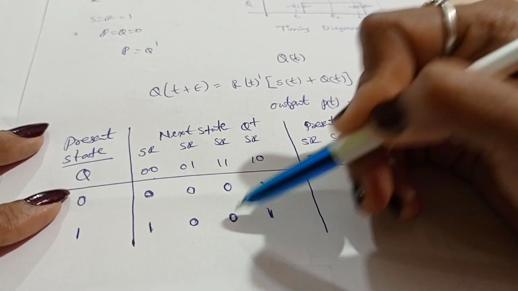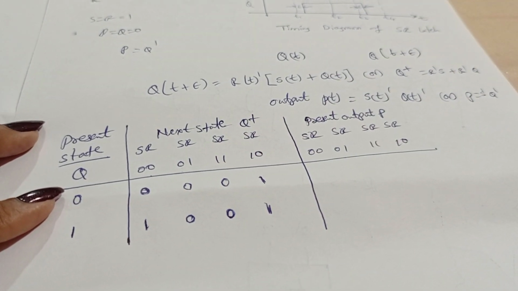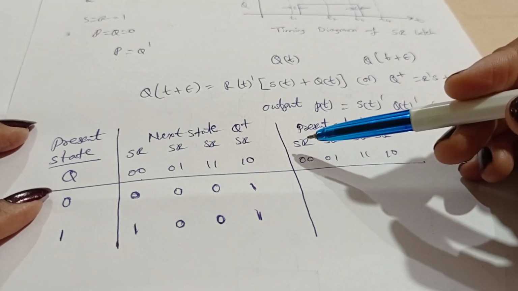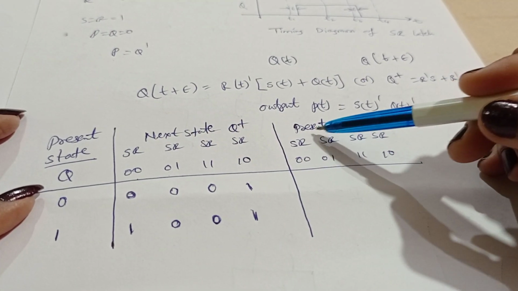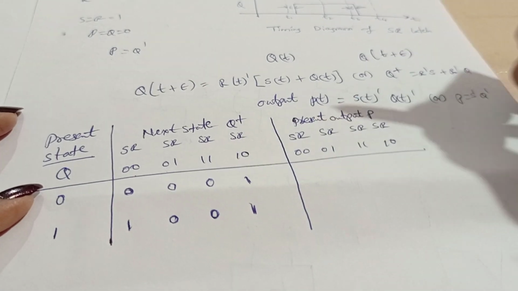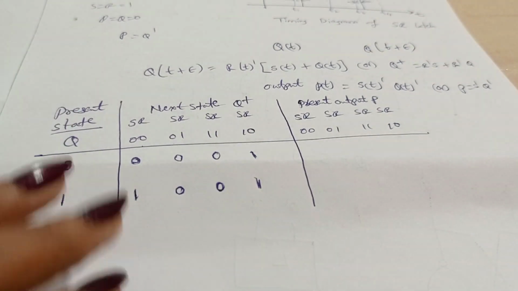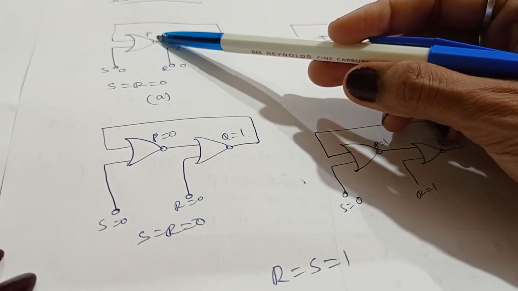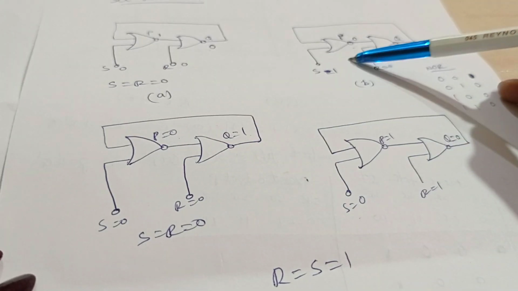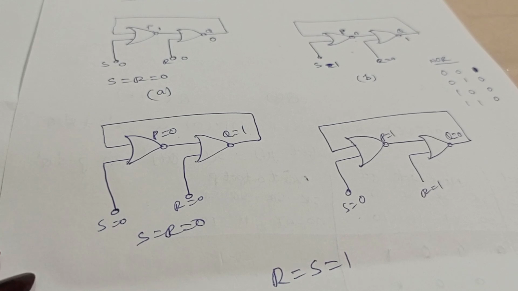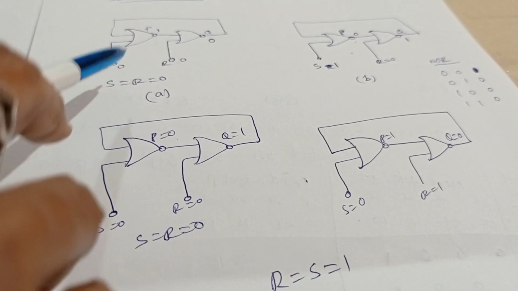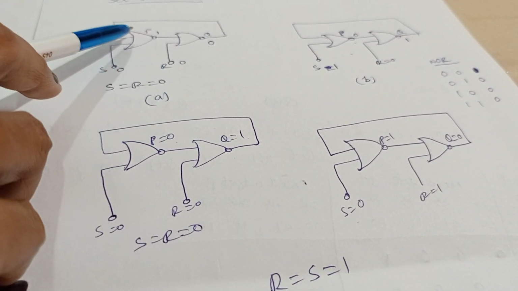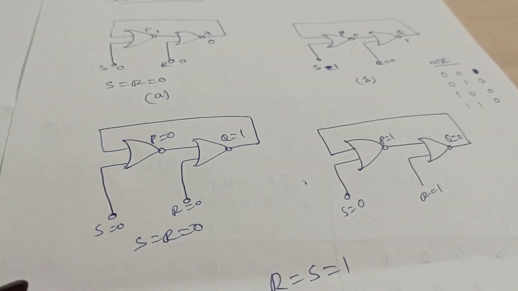This case is not possible. This is the next state. How can we write the present state output P? Same from the circuit. Now we'll note the P value. When S is equal to R is equal to 0, P is 1 and P is 0.